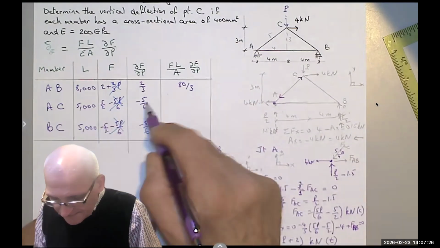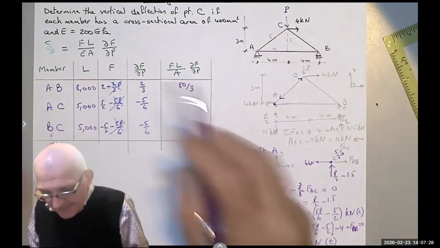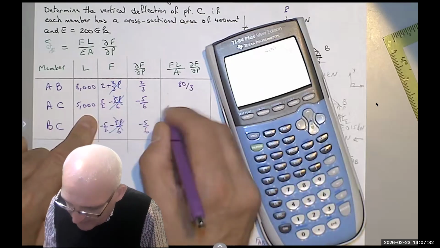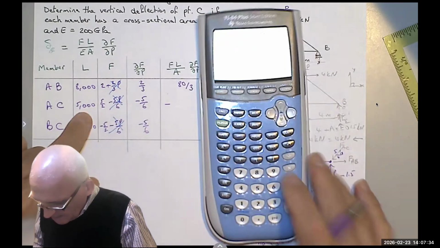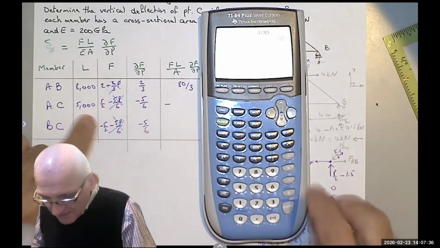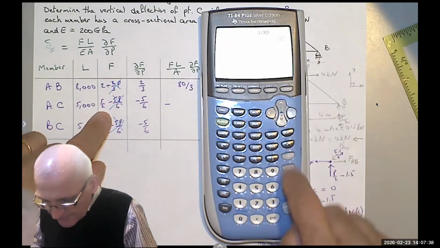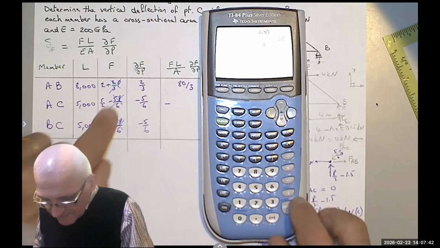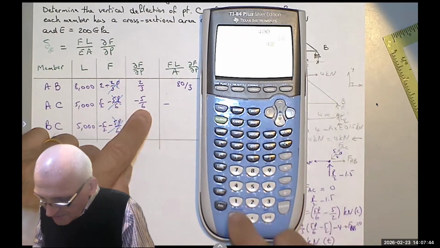Now, here, I get a negative because negative times positive, 5,000 times 25/12 over 400.